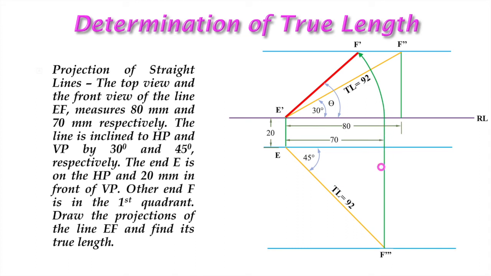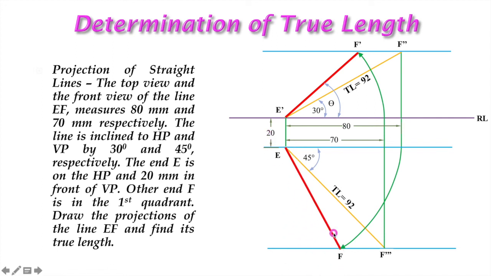It's a verification, otherwise this line is not necessary. After that, extend these projection lines, and from here draw this arc. The radius of this arc is 80 and the center of the arc is E. This arc meets these lines at another point, named F. Join EF.